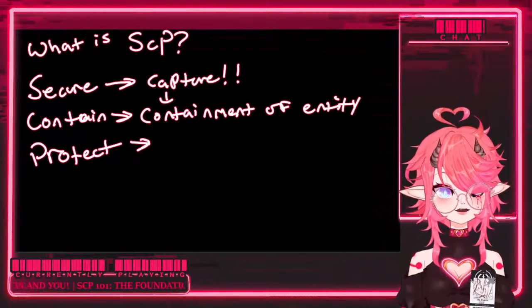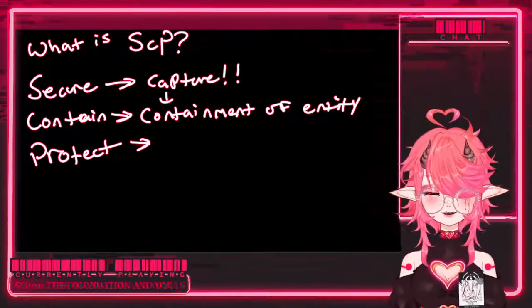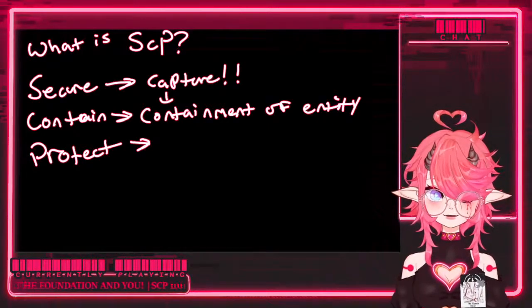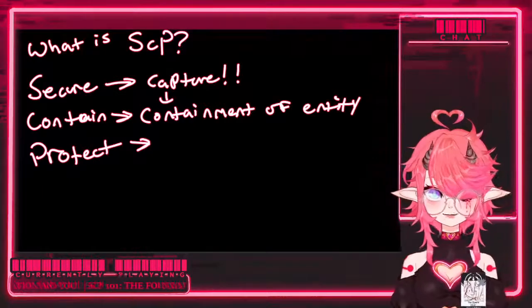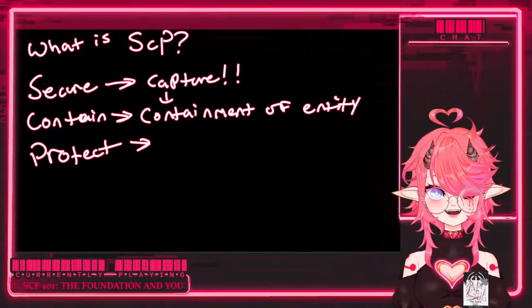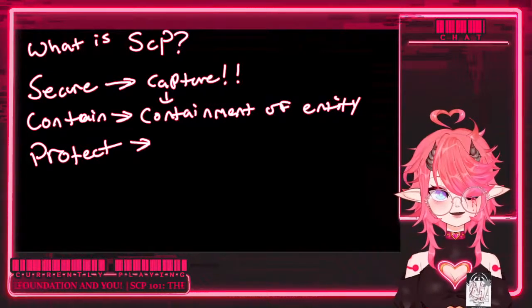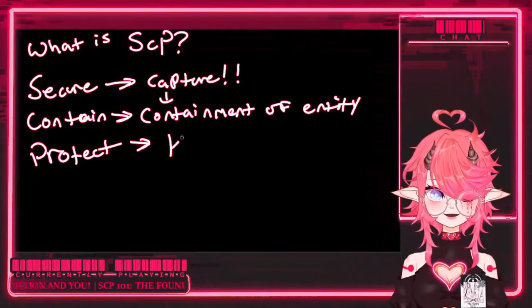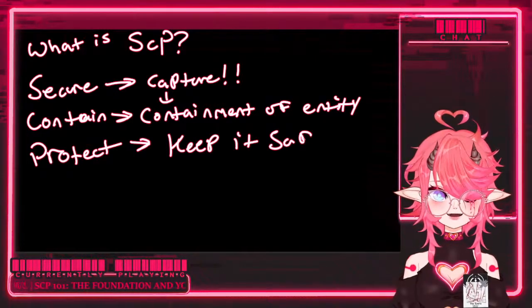It is put into its own environment in a secure location in order to make sure that it is in and of itself safe. Or at the very least, it poses a very lessened impact on the environment around it. Protect. Keep it safe.